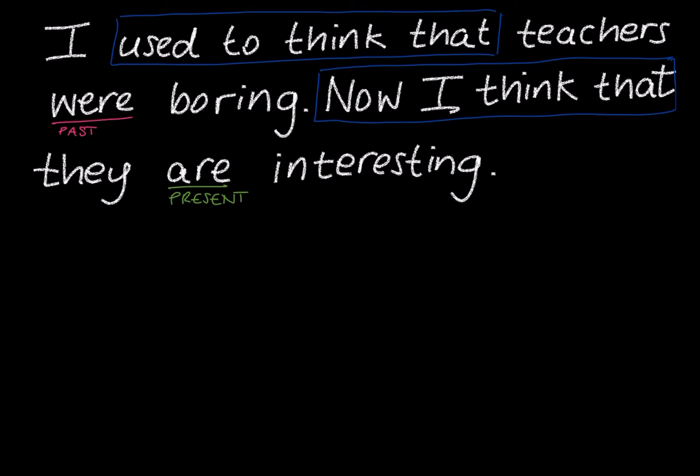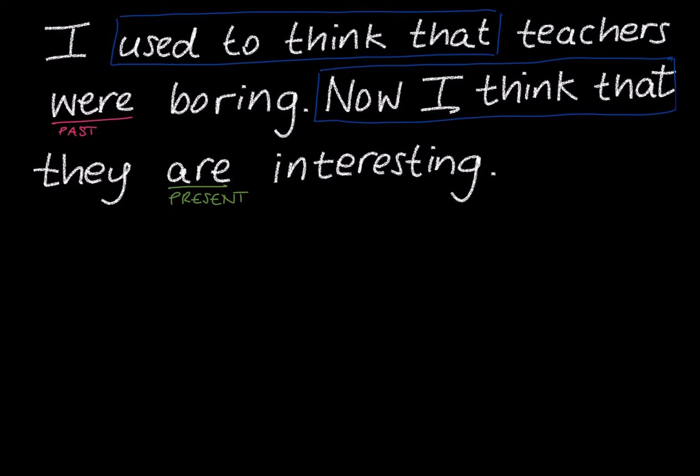Were is in the past, because we're talking about something that I used to think. I used to think that teachers were boring. I can't say I used to think that teachers are boring because we're talking about a past thought. Now, in the present, I think that they are interesting.